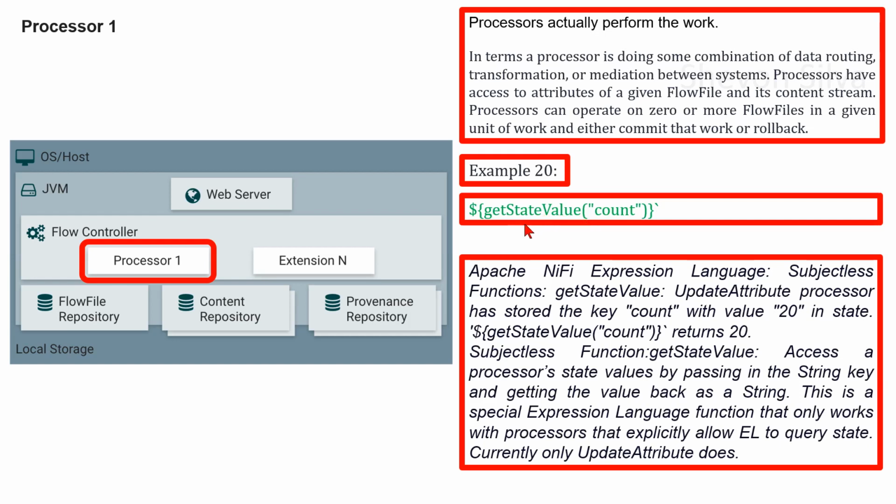The subjectless function getStateValue accesses the processor state values by passing in a string key and getting the value back as a string. This is a special expression language function that only works with processors that explicitly allow EL to query state. Currently, only UpdateAttribute does.